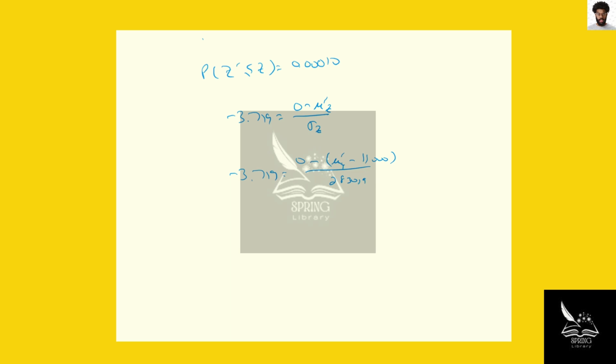And solving for mu prime Y here, that'd be 11,000 plus about 10,518.43, and it comes out to 21,518.43.